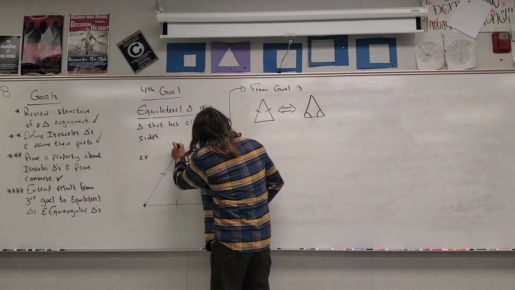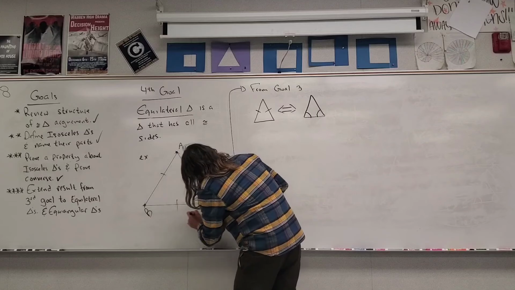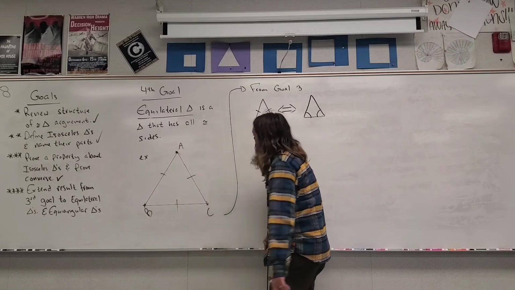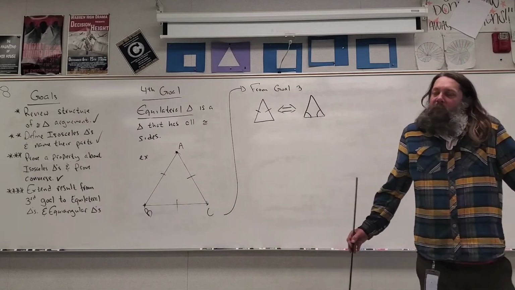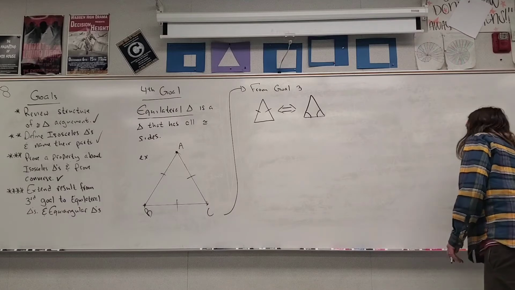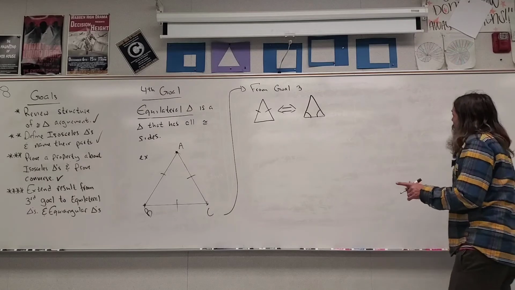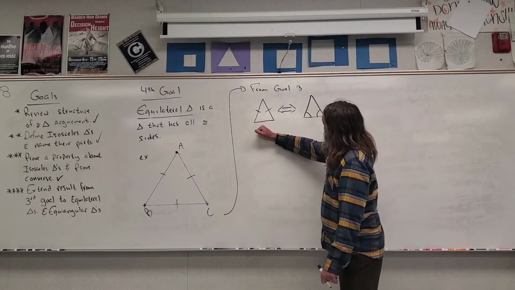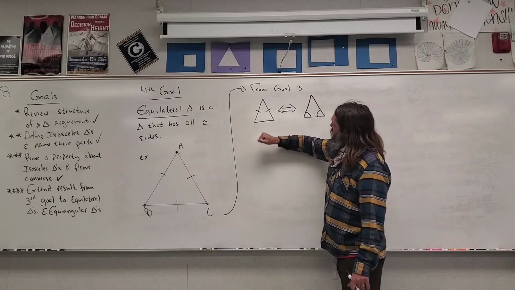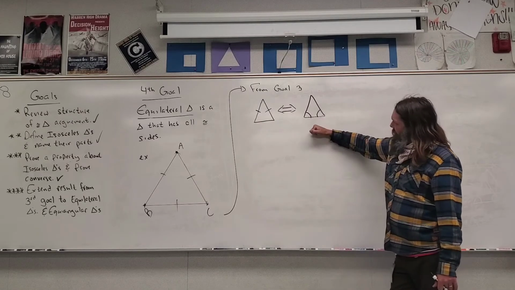So we'll label that A, we'll label that B, we'll label that C. And by construction, I know it's equilateral. Now, remember from our third goal that if I have a triangle with 2 congruent sides, I get 2 congruent base angles.